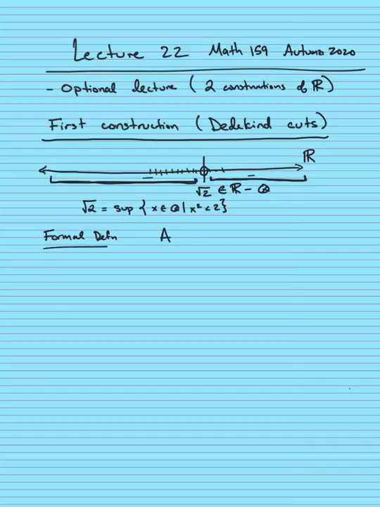Okay, so a Dedekind cut, which I'll call S, contained in Q, okay? So it's a subset which satisfies the first property, which is that it's a proper subset, okay? So S is not empty, and S is not equal to Q, okay?